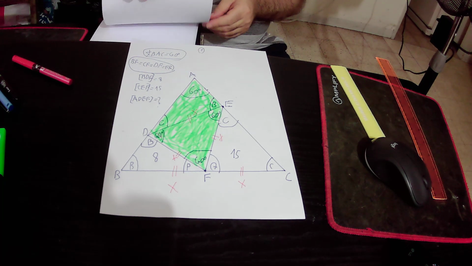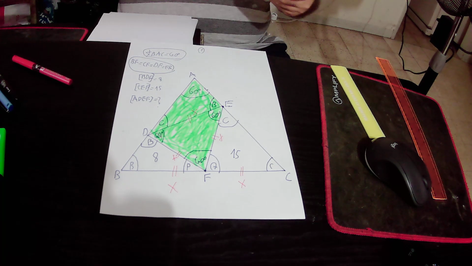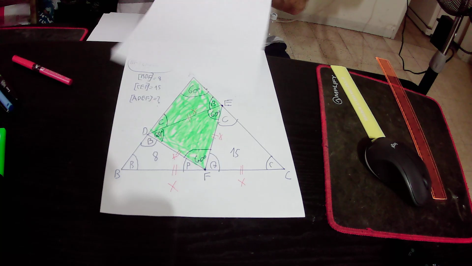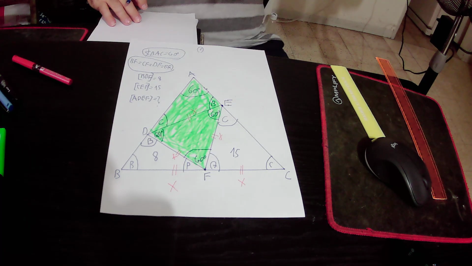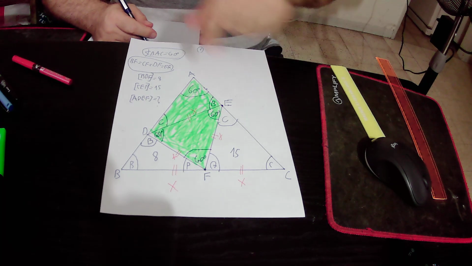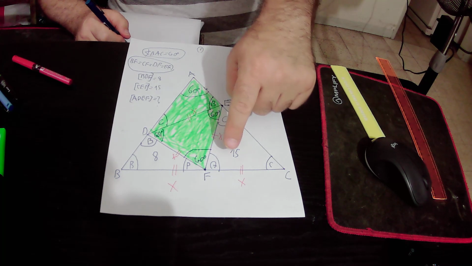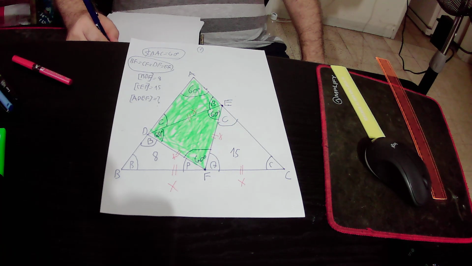So we get that 15 over 8, so 15 is the area of this triangle, triangle FEC, and the area of this triangle according to the formula that I presented to you will be equal to FE times FC times sine Q over 2.